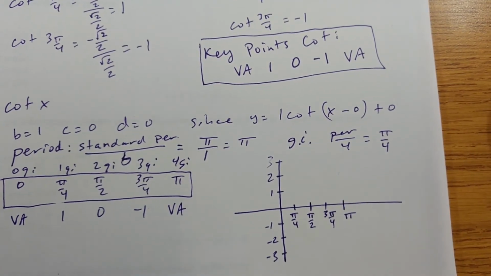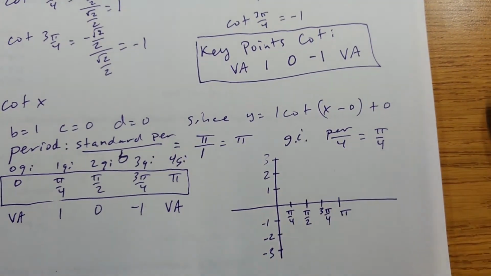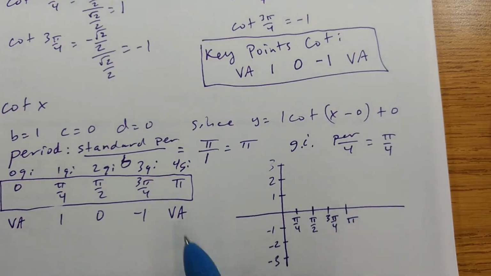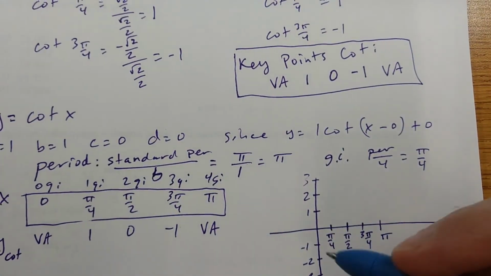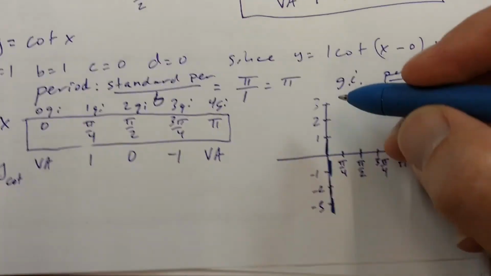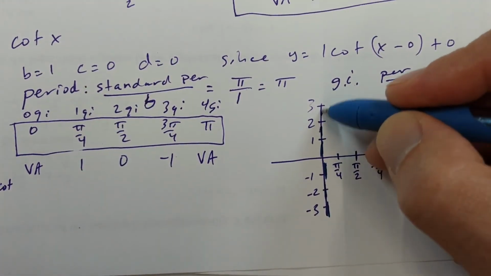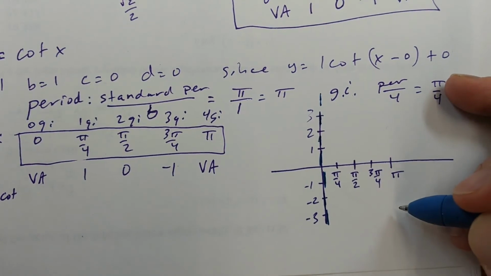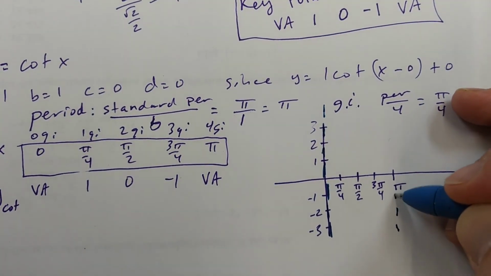And now we'll draw in our graph from our table over here. So when our x value is 0, we have a vertical asymptote, which is right here. I hope you can see that. When our period ends, we'll also have a vertical asymptote.